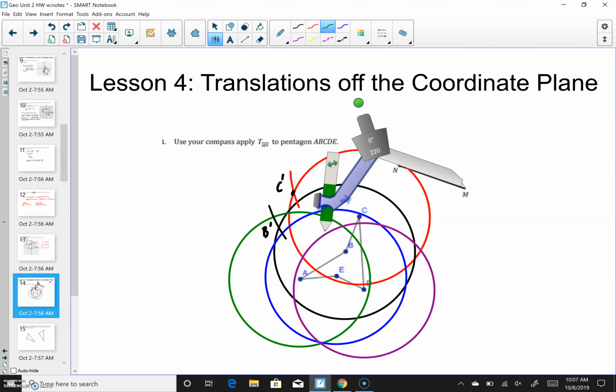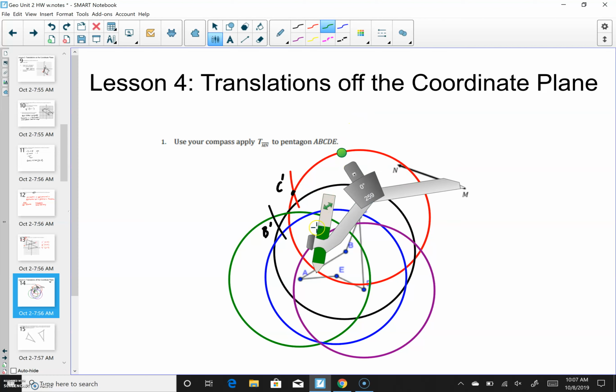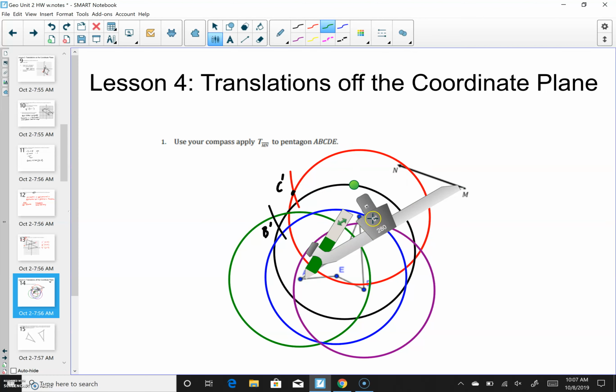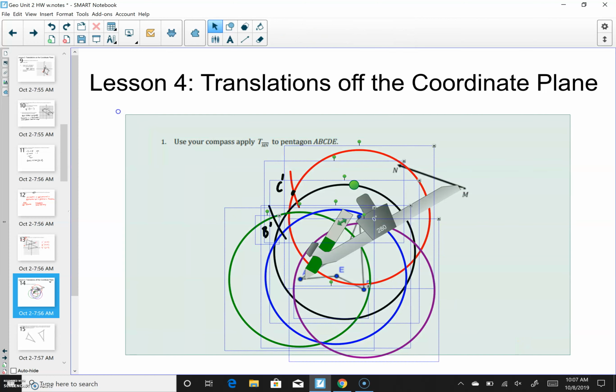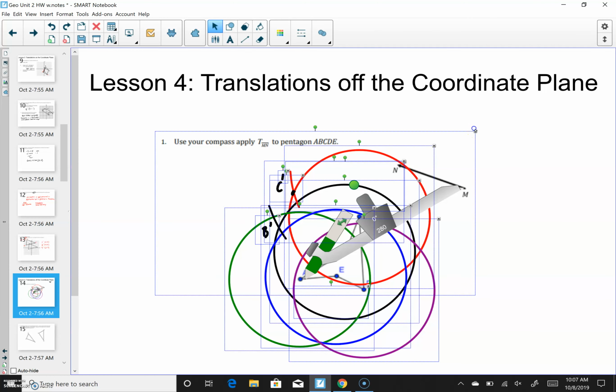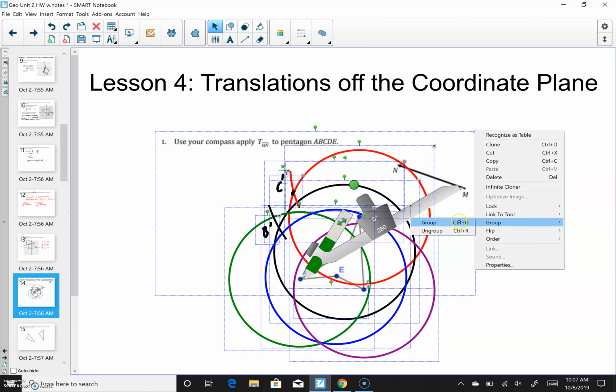So I'll go across, stretch out my compass. Hopefully it reaches. So you can see here I just fall a little bit short. Not that big a deal. Let's see if I can shrink my picture here a little bit. So I'll group everything together.